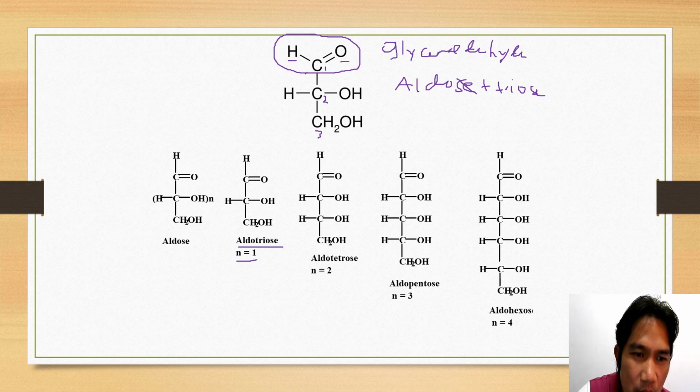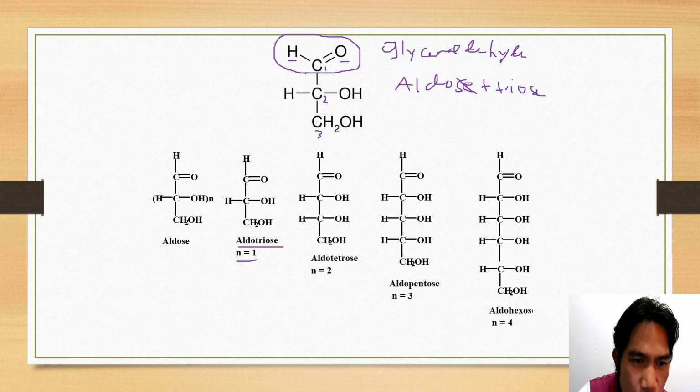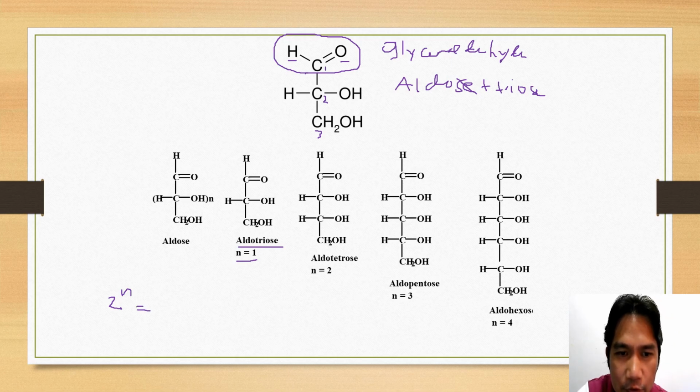Now, in order to determine the number of possible enantiomers, we're going to use the formula 2 raised to n. Remember, n is the number of chiral centers. So an aldotriose has one chiral center.